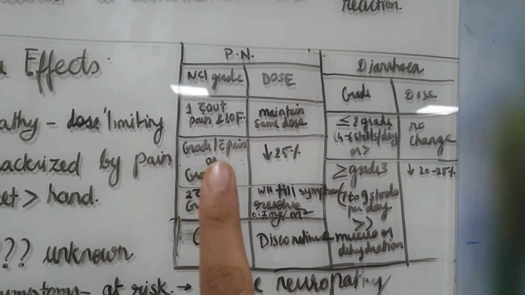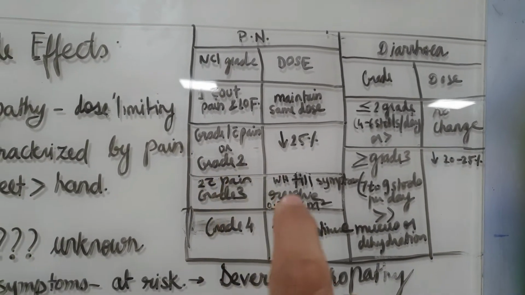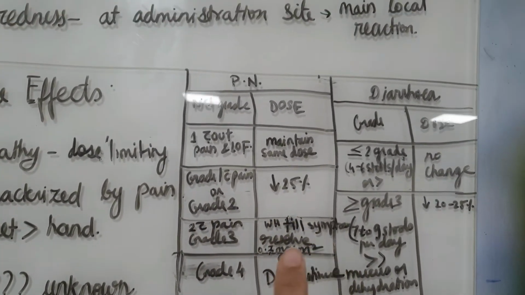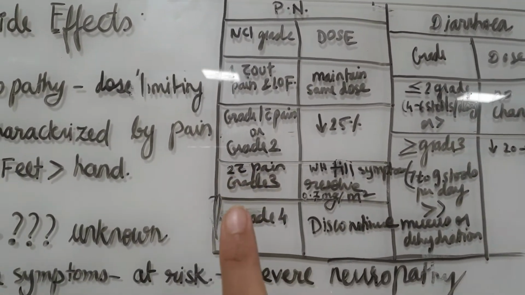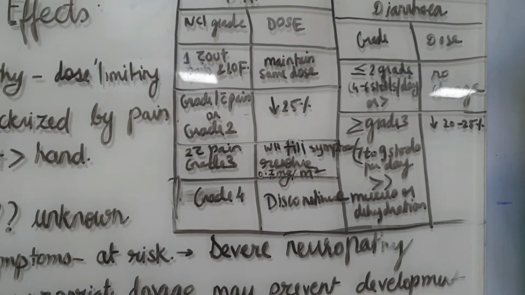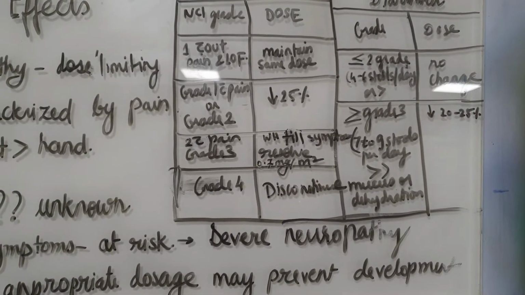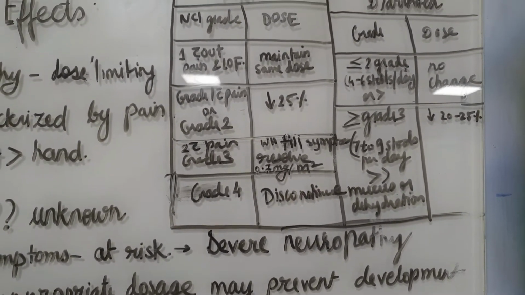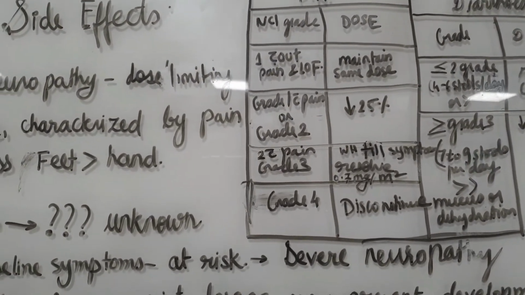But a patient with grade 1 neuropathy with pain or grade 2 neuropathy has to be given a dose reduced by 25%. In patients with grade 2 with pain and grade 3, we have to withhold until the symptoms have resolved, and upon stabilization we have to give the drug at a dose of 0.7 mg per meter square. When patients develop grade 4 neuropathy, we have to discontinue the drug.